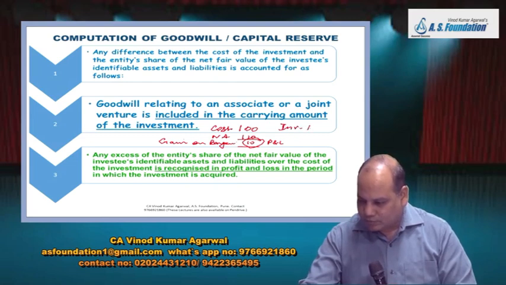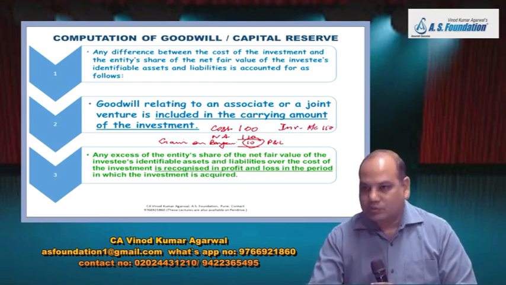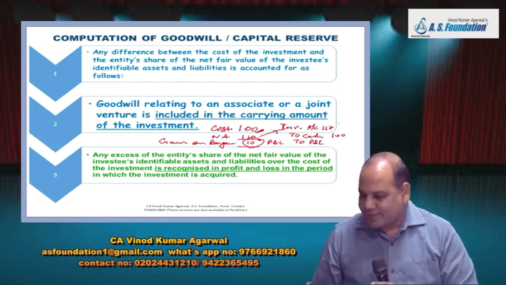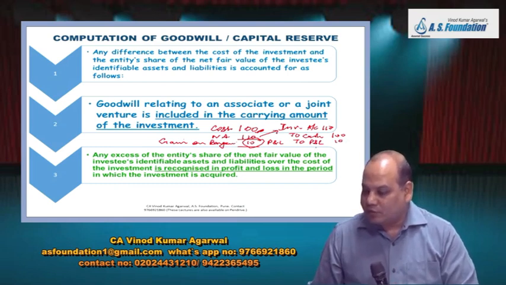Investment account debit 110. This 110 to cash 100, this 100 cash paid, and to profit and loss 10. So here I am adjusting the carrying amount of the investment. We will increase it to the extent of the gain on bargain purchase, and that gain will be recognized in profit and loss.